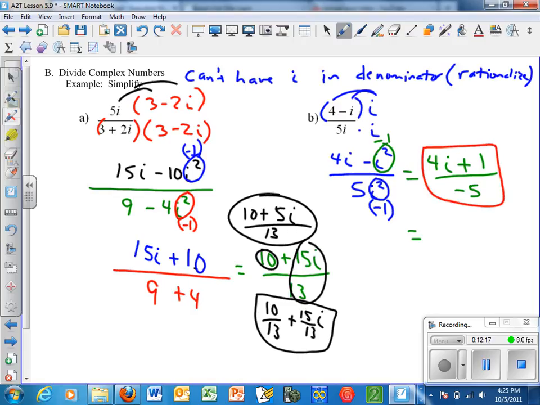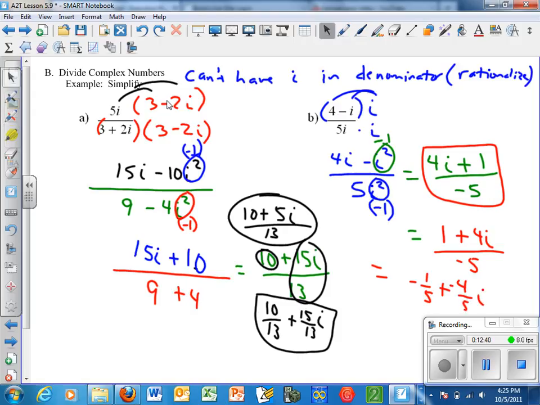Okay, I am going to put my i term second on top, so I'm going to write it as 1 plus 4i over negative 5, and now I'm going to kind of pull it apart, each part. So I have negative 1/5, or 1 over negative 5, plus 4 over negative 5, negative 4/5 i.